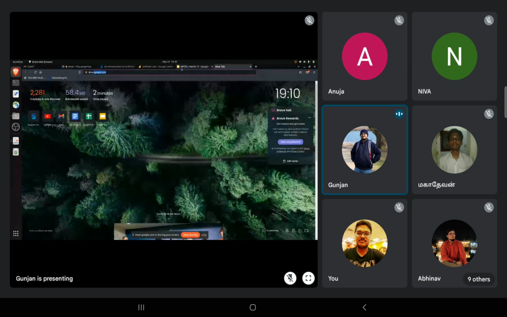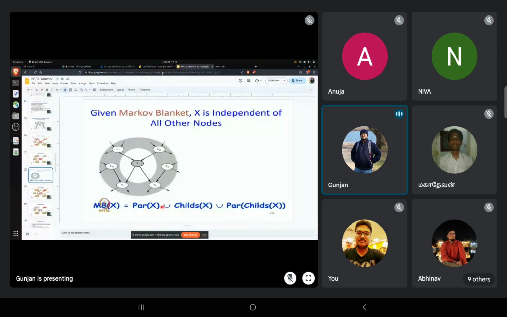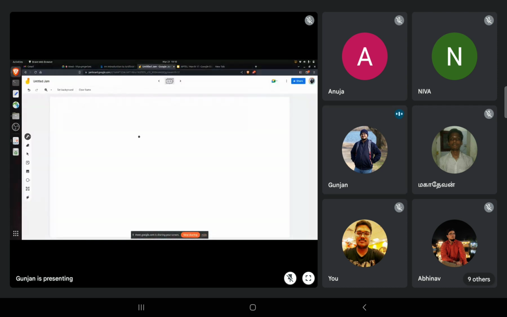Let me understand. You are saying that I have this node A, and it has three parents, P1, P2, and P3, and this node has three children, C1, C2, and C3.